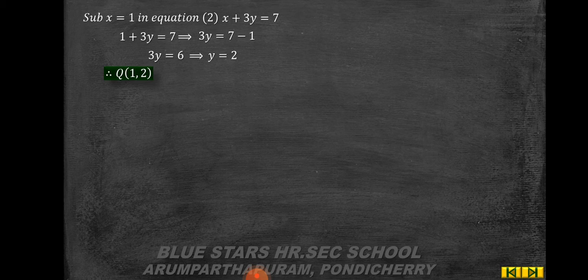Therefore, the Q coordinate is (1, 2). So on line AB, there is one perpendicular line, and the point Q is (1, 2).